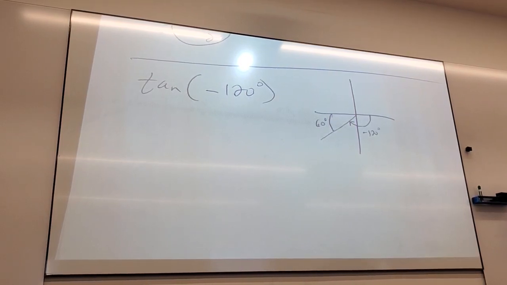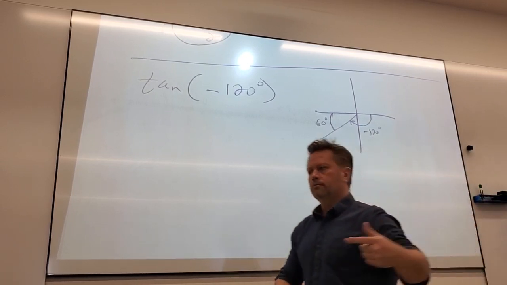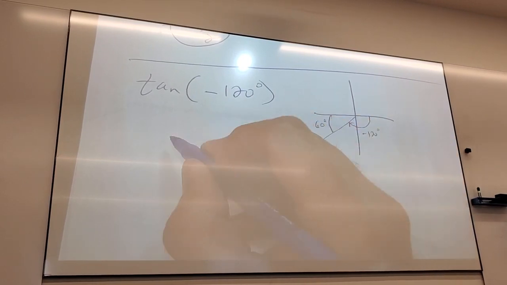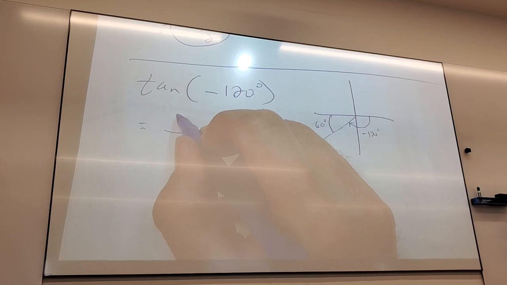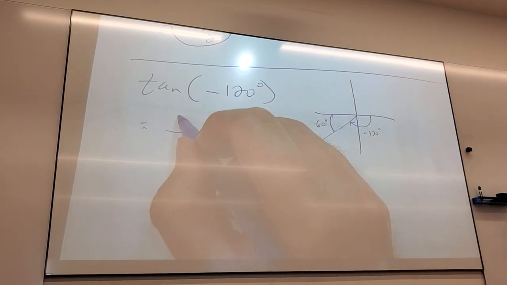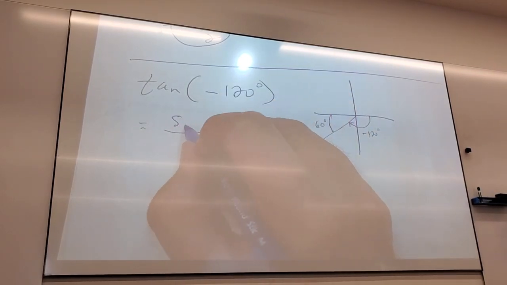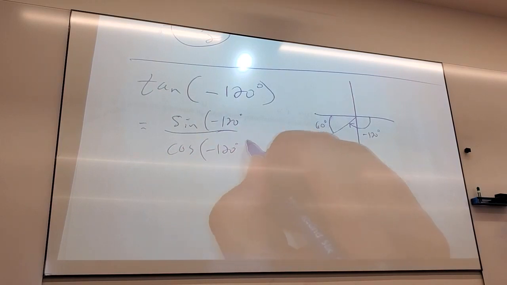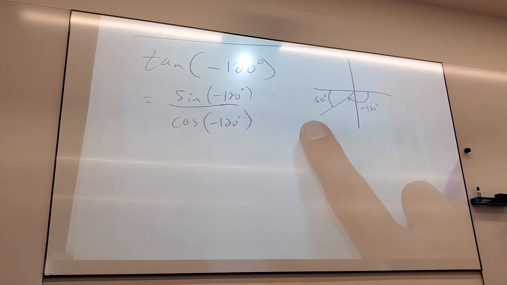Now it's just a question of how you have tangent: either memorized, or are you going to build it? So let's do this. What's tangent? Tangent is what over what? It would be sine over cosine, y over x. So what trig function would be on top? Right? And what's true about sine and cosine in this quadrant?